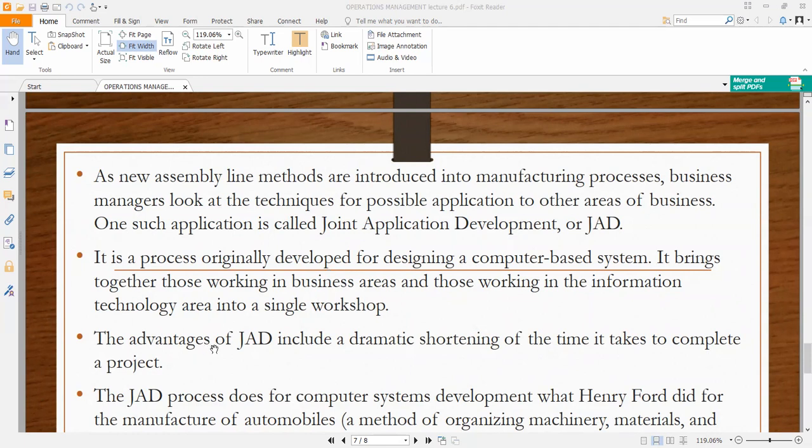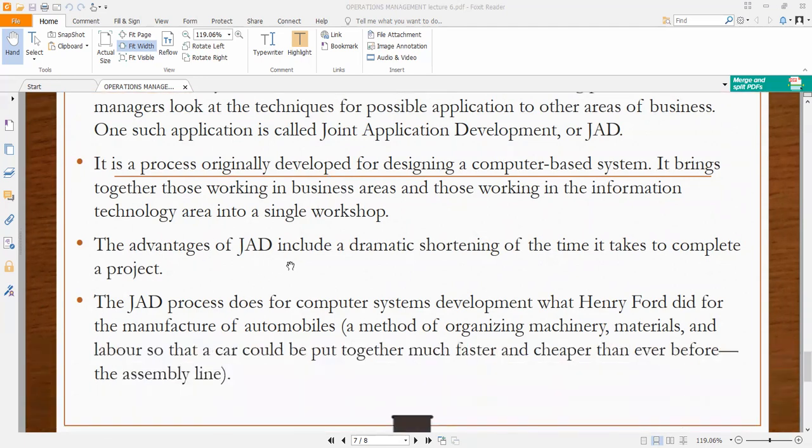Now, the advantages of a JAD include dramatic shortening of the time it takes to complete a project. As you may know, any company's target is to reduce the time in which a product will be produced.